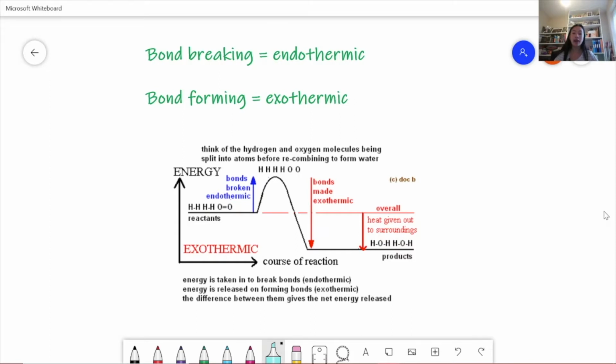Then when we recombine them to form water, bonds are made, which is an exothermic process. So overall, we have a tiny bit of heat given out to the surroundings. Depending on the endothermic and exothermic processes, they can balance out, but usually there will be an overall endothermic or exothermic quality to the reaction.